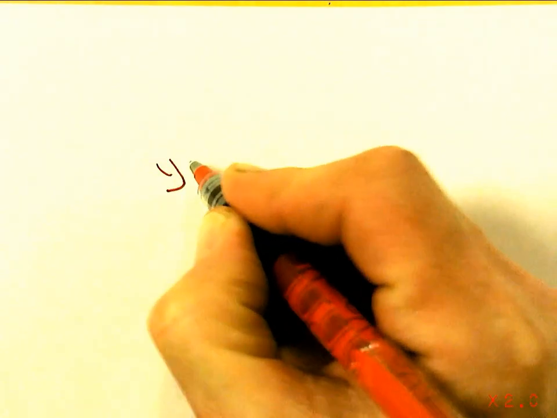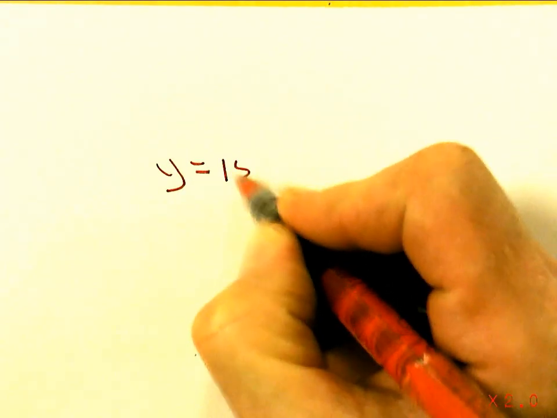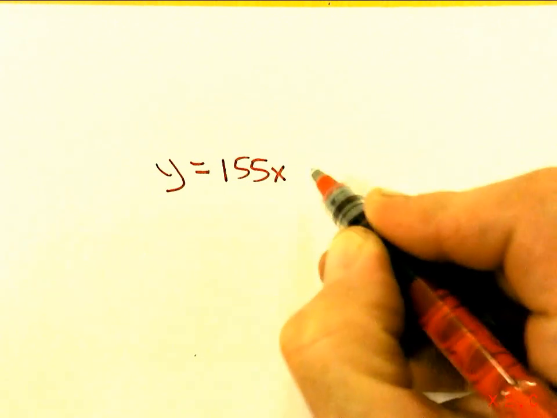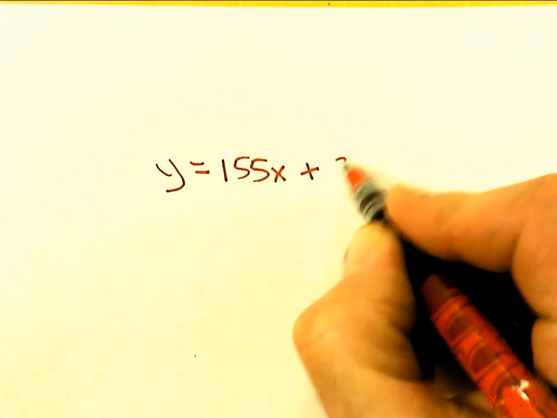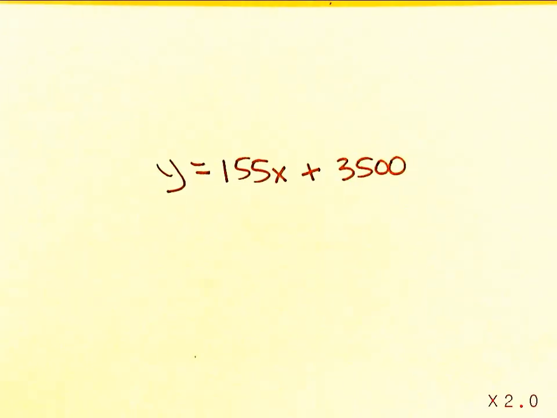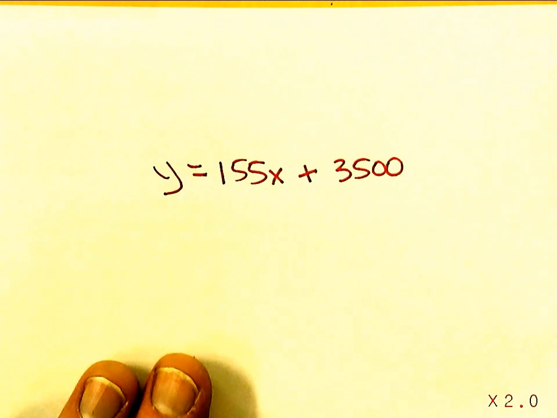So I'm going to write it down here. Y equals 155x plus 3,500. And you could kind of describe this in this way.